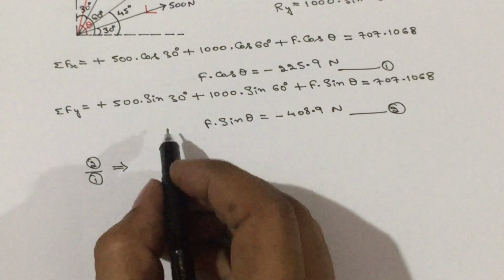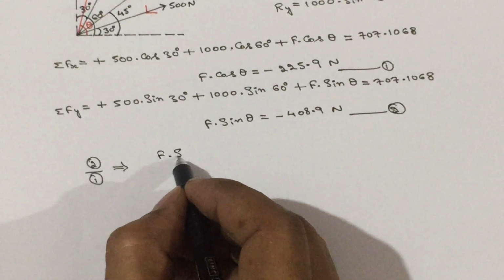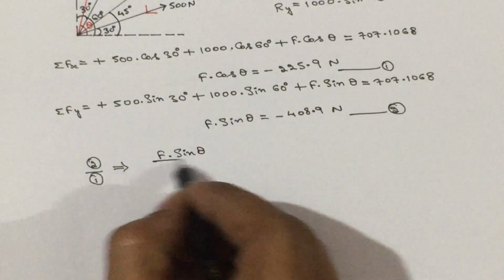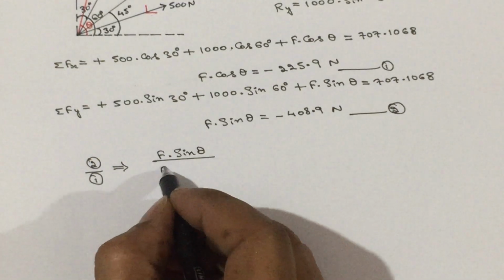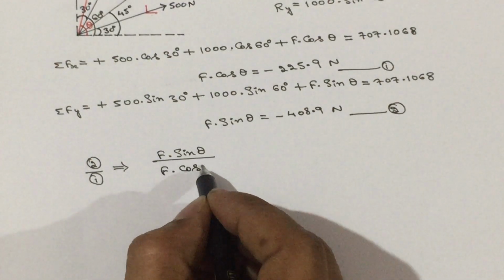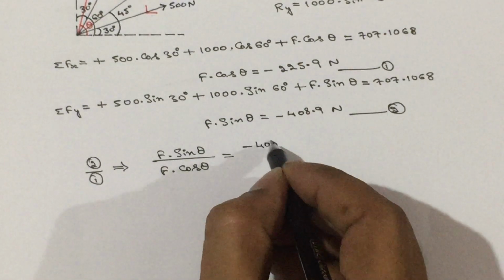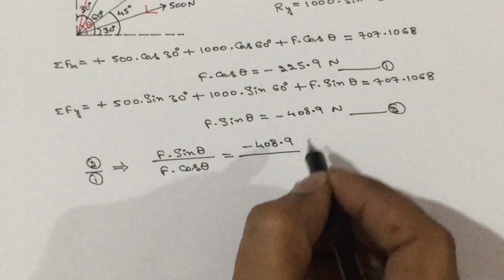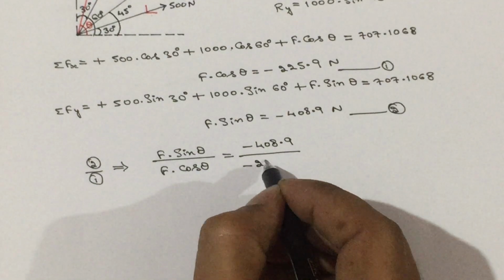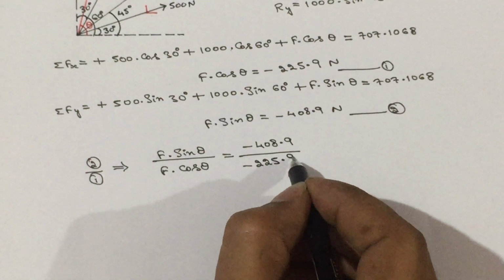So you are going to get it as F sin theta divided by F cos theta, that is equal to minus 408.9 divided by minus 225.9.